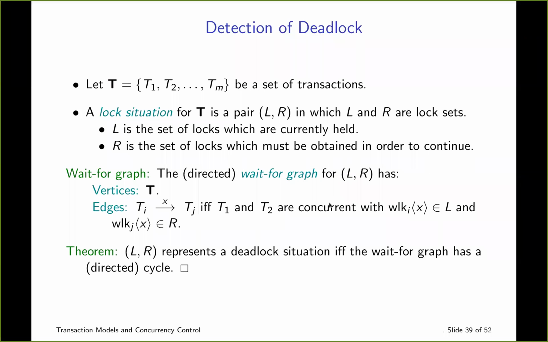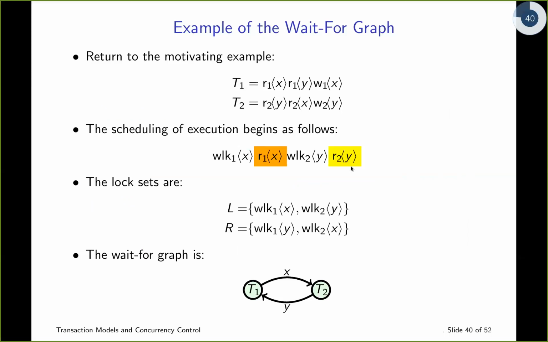The way you can detect deadlocks is you can simply have a waits-for graph, where you basically say who's waiting for what lock. In this waits-for graph, T1 is waiting on X from T2, and T2 is waiting on a release of Y from T1.